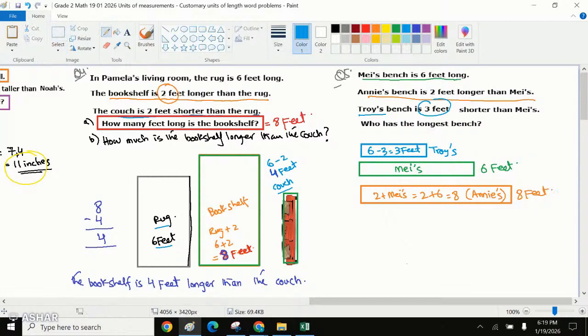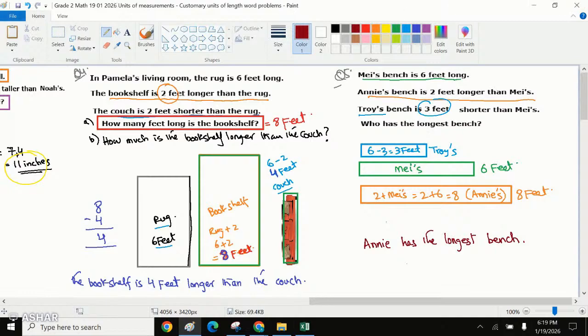Yes, thank you, May. We can say Annie has the longest bench. Okay, thank you. Because that is 2 feet more than May's, and May had 6. Troy was 3 feet less than May. That means it's 3 feet. Okay, thank you. Let's move on to the next question.